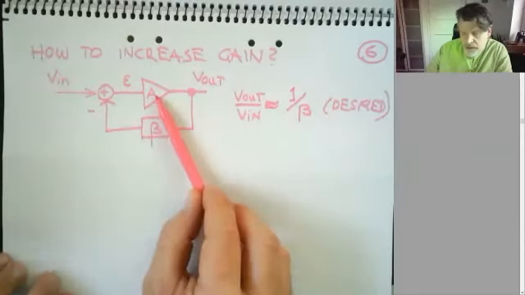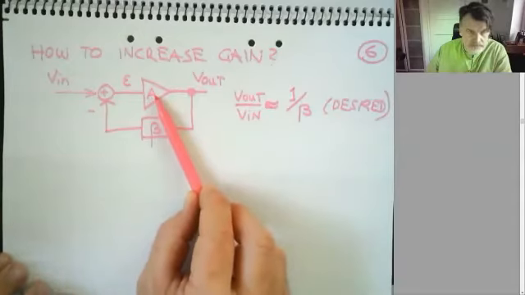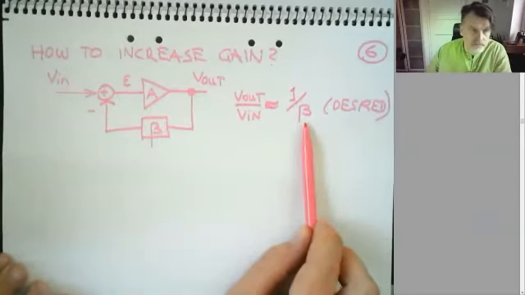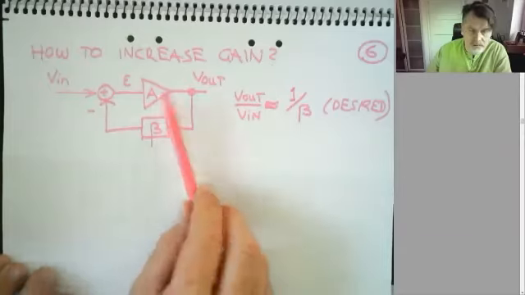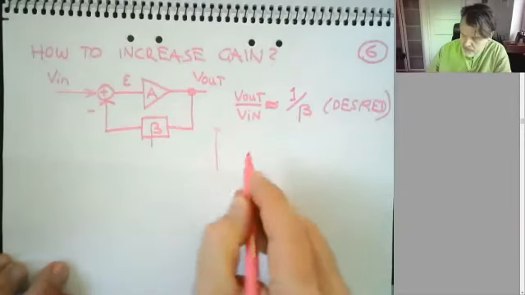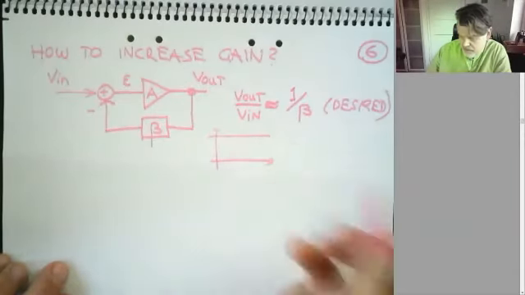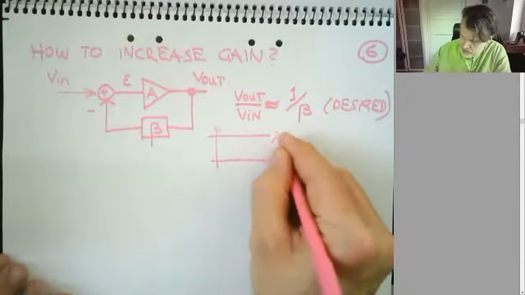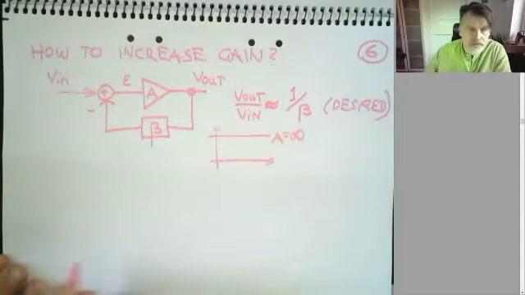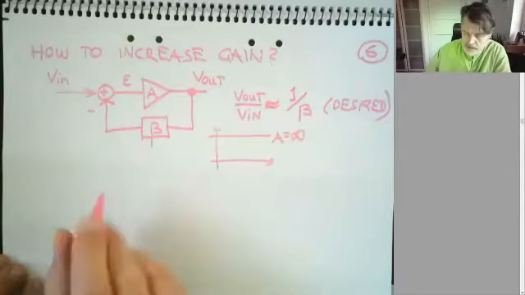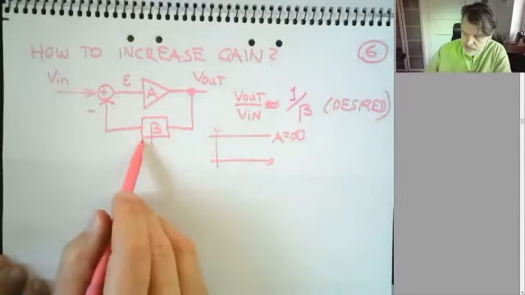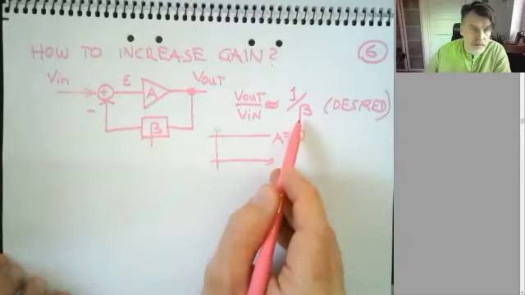So if A is infinitely large, this holds. If this is a perfect transistor with a transfer function A being infinite for all frequencies, this loop will work and produce the desired result, being 1 over beta.